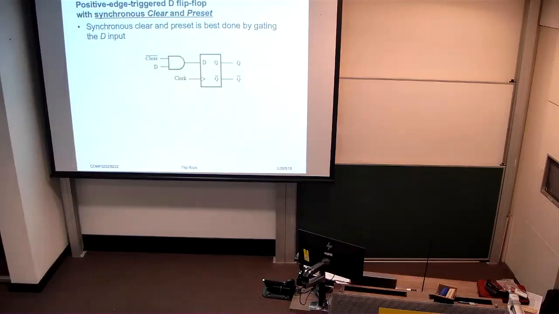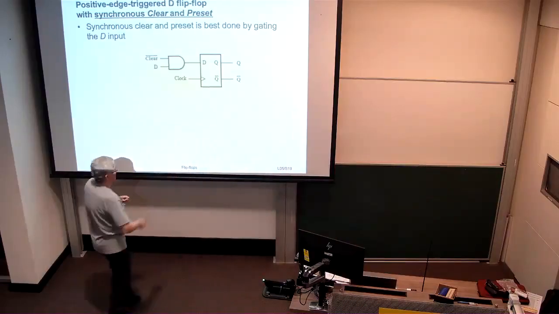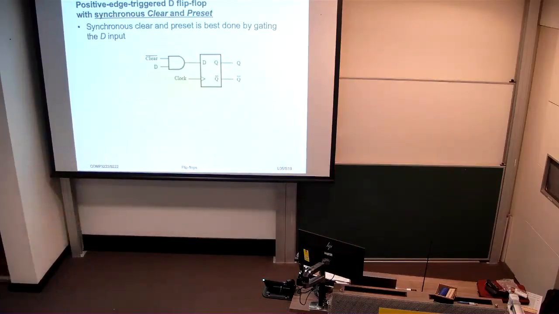This means I want to override whatever the D input is and know that on the next active clock edge, be it a rising or falling one, depending upon what sort of circuit it is, I want to enforce a particular output on that Q output. In this case, by gating the D input with a signal that is active low, clear in this case, whatever D is, I know the D input's going to be 0 when that not clear line is 0, right?